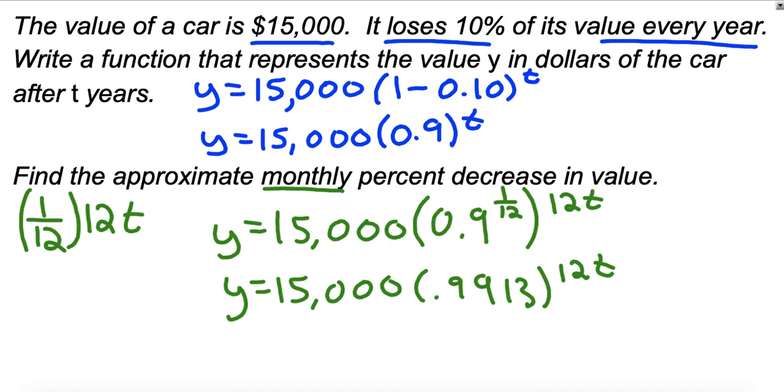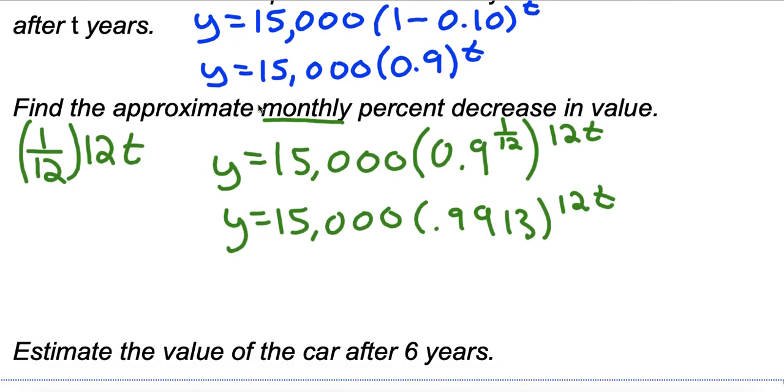Now, to figure out that r, because we know it's 1 minus something that gives us the 0.9913, we want to know what we subtracted. So 1 minus 0.9913 is about 0.0087.